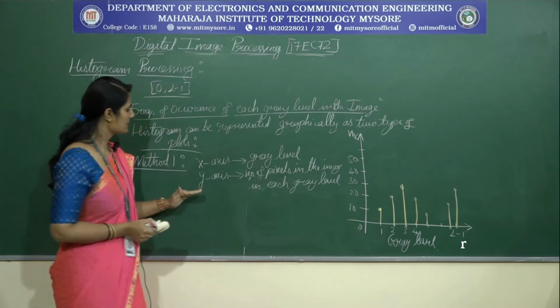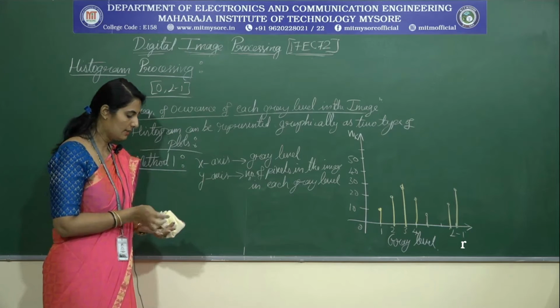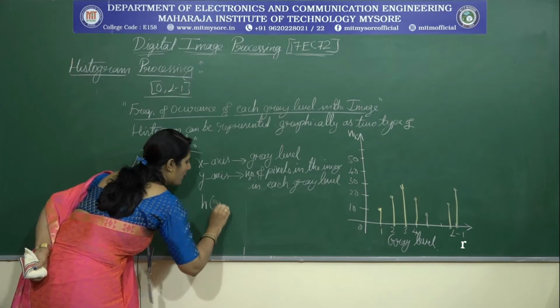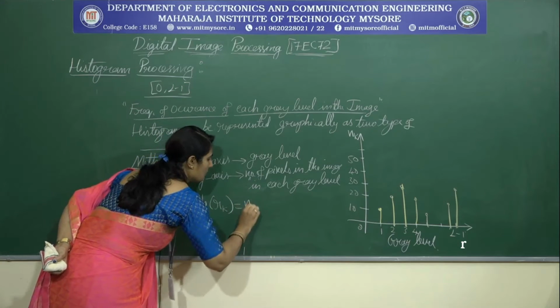This type of representation can be mathematically expressed as h of Rk is equal to Nk.